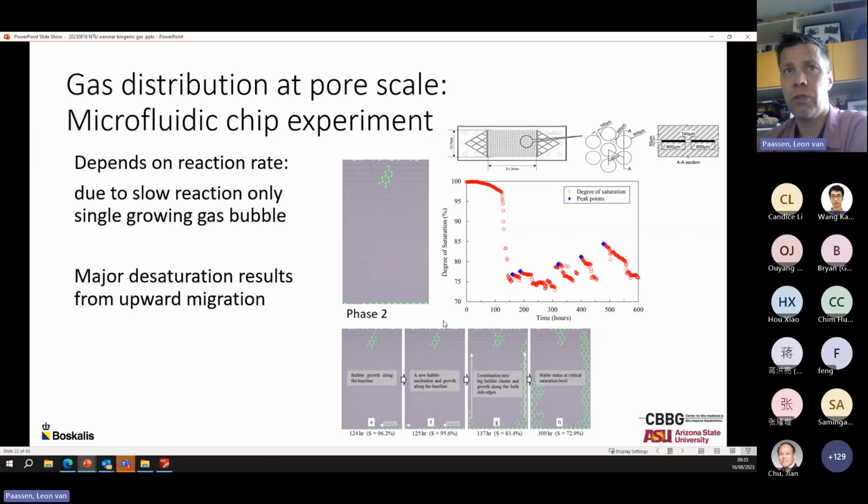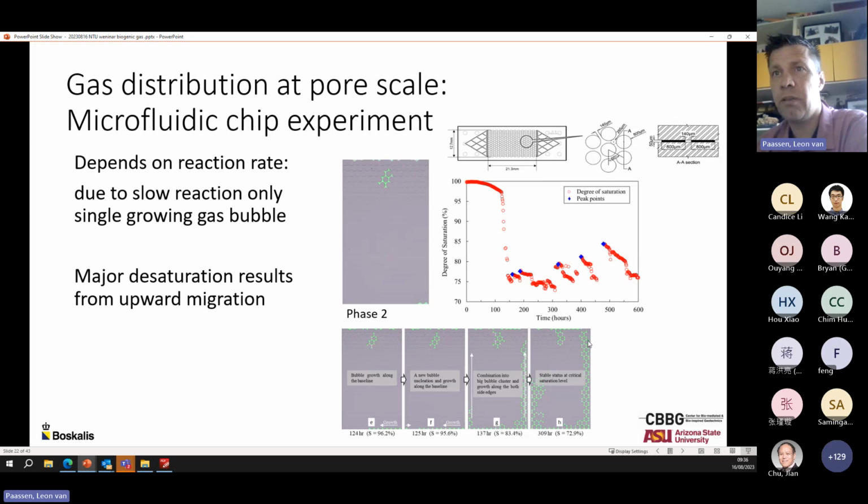Because this was all enclosed, the gas formed there was pushed through the permeable zone, particularly along the boundaries of the domain. That resulted in a reduction of degree of saturation down to 75%. Afterwards, we saw a lot of events where it went up and then gradually down, and then suddenly up again.